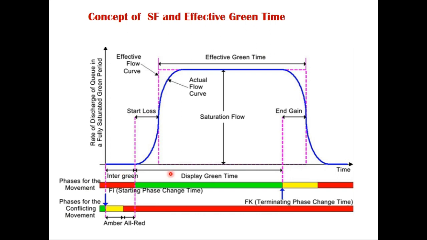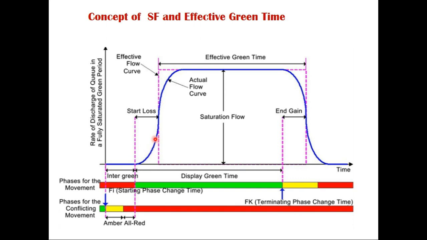On the x-axis you have the time and on the y-axis you have the rate of discharge of the queue in vehicles per hour. Now when the traffic light turns green, it takes some time to react to the change in signal and also to start the vehicle and accelerate, and therefore the headway for the first few vehicles is relatively larger, meaning the flow at the stop line is low.